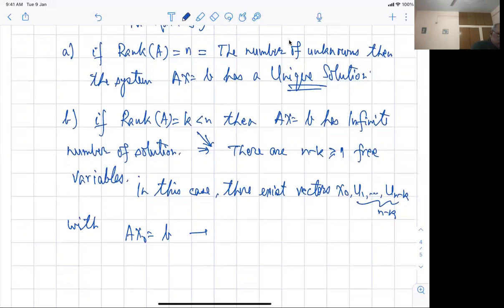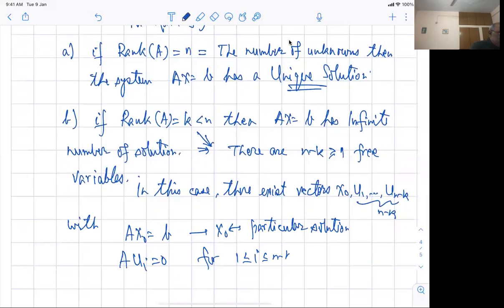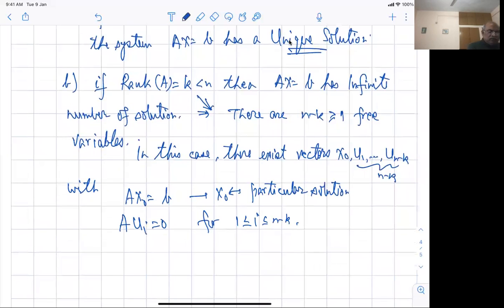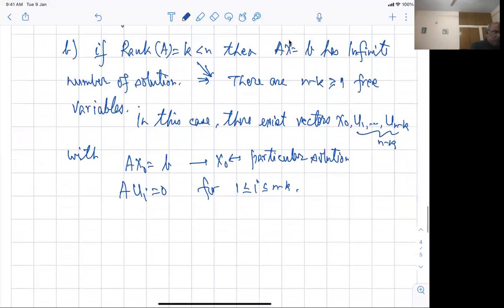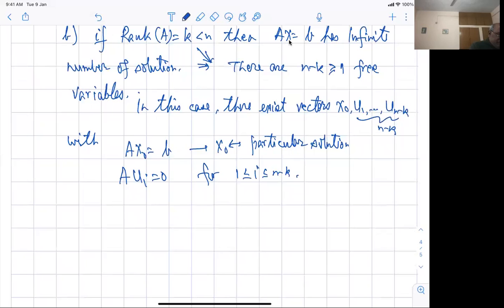So x0 is your particular solution. Fine. And A of ui is 0 for 1 less than or equal to i less than or equal to n minus k. Fine. And you can see that since you're looking at these free variables, you will get the identity I of n minus k sitting inside this.